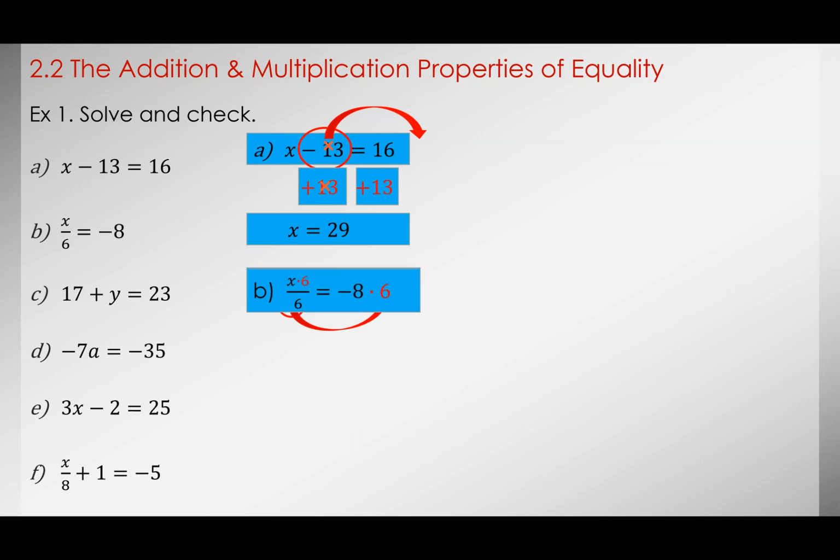Or to be safe, we multiply by 6 on one side, and we need to multiply by 6 on the other side. This 6 and this 6 cancel out, which gives me negative 8 times 6, which is negative 48, right?